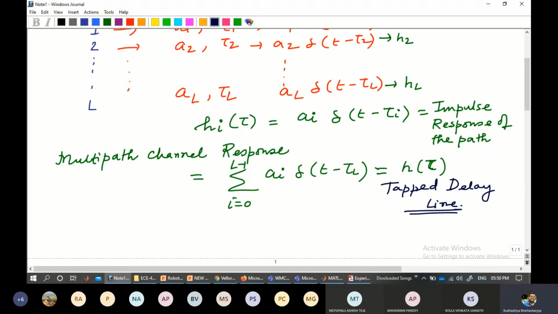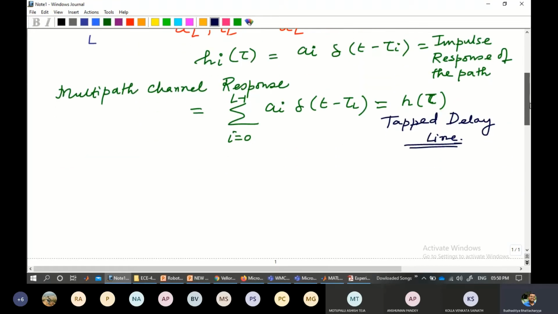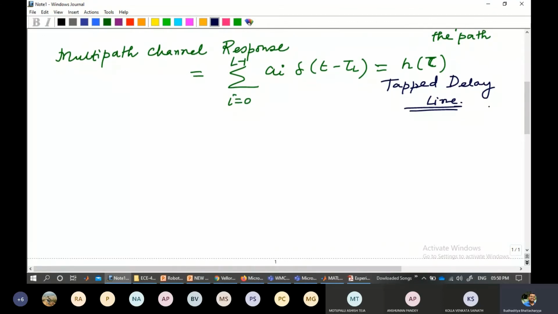Now, since most of you have done DCS, or even if you have not, you must be aware that if the received signal is y of t, this will be nothing but s of t, the transmitted signal, convolved with the channel response h of t.